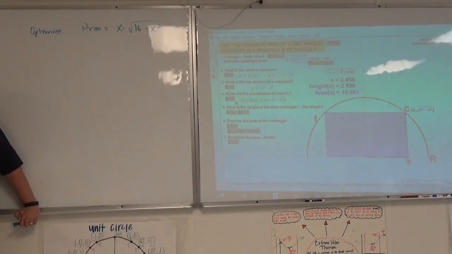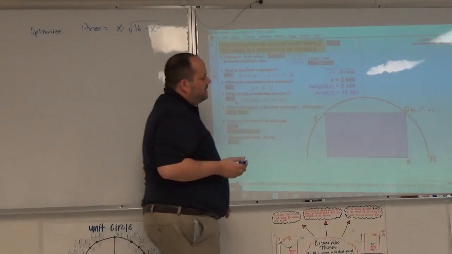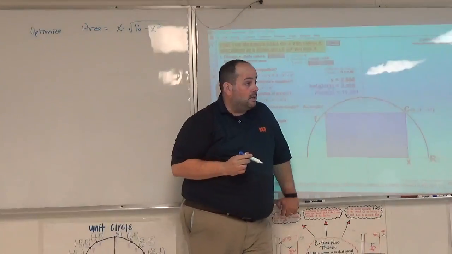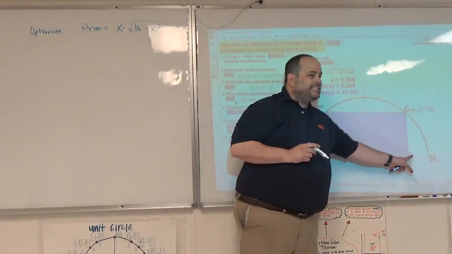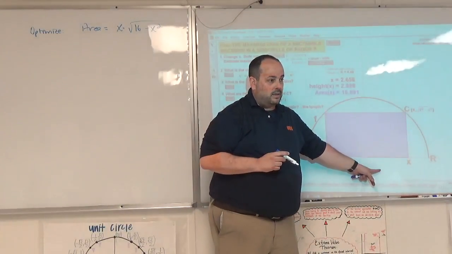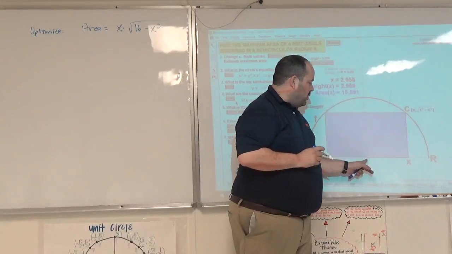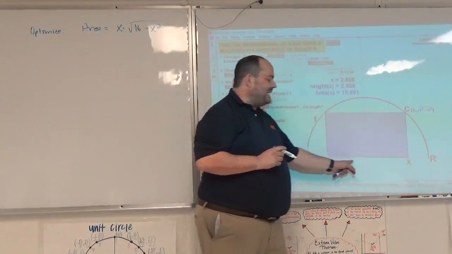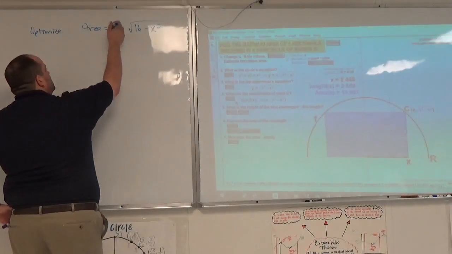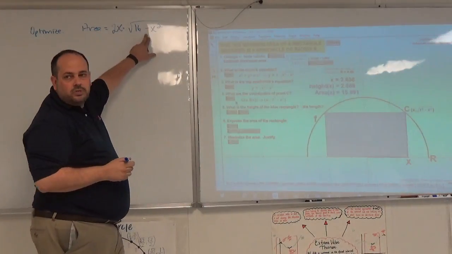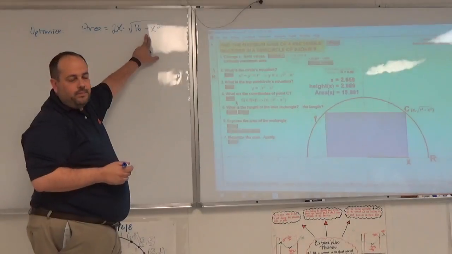Look at the rectangle. How long is this rectangle? It's not x. Right, x is from the origin out to here. I need this side as well. So the area is going to be 2x times the square root of 16 minus x squared.